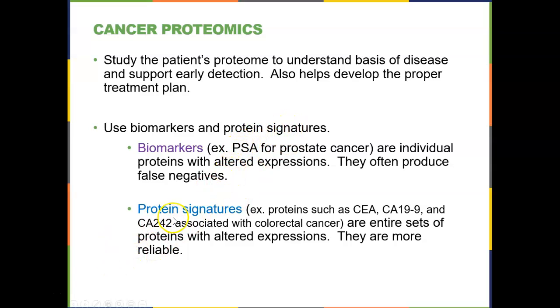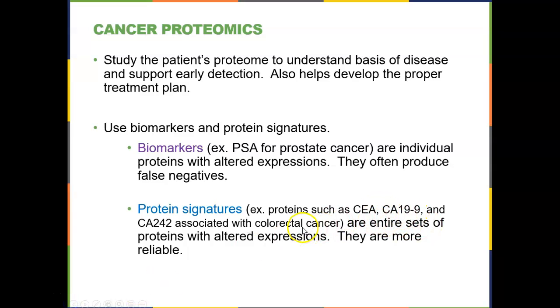We can also look at protein signatures, and we can find out which particular version of a cancer might be present in an individual by looking at which proteins are being produced in that particular type of cancer. And so this would allow us to better treat individuals based on what their signature results are. So biotechnology is an incredibly exciting and new application of the modern side of biology.